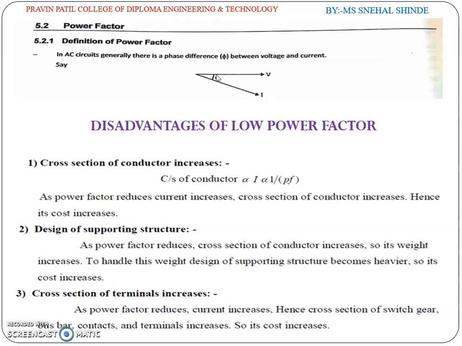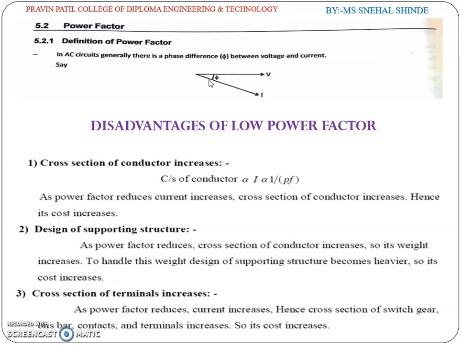In an inductive circuit, the current lags behind the applied voltage, and the power factor of the circuit is lagging. So here there is the voltage and here is the lagging of the current. This is the inductive circuit and it is known as a lagging power factor.